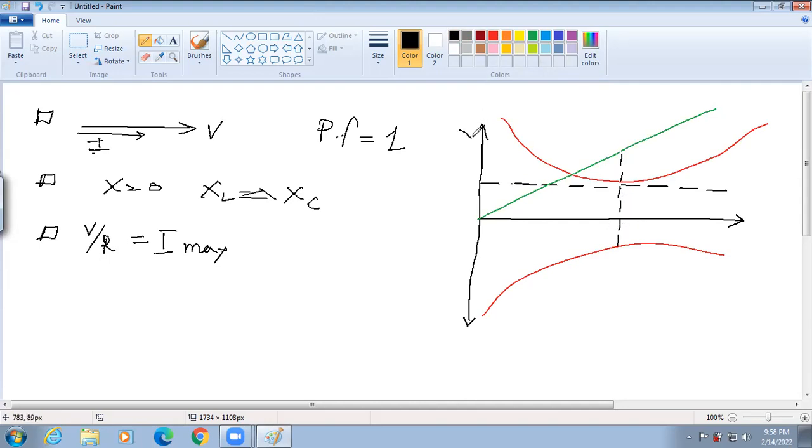And this is XL, this is XC, and this is frequency.